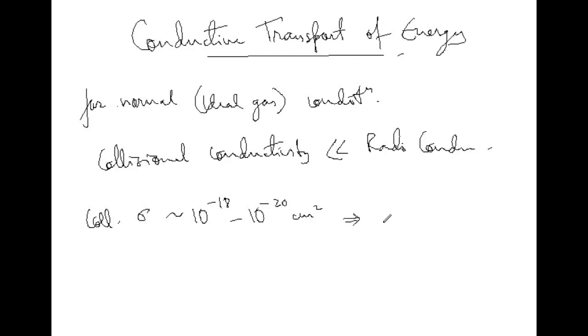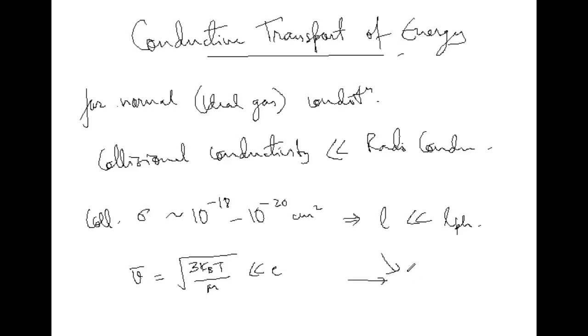So this means that the mean free path is much less than that for photons. Furthermore, the average particle velocity, V average, which is 3 kBT by m, is also much less than c. So normally we can neglect heat conduction compared to radiative diffusion.